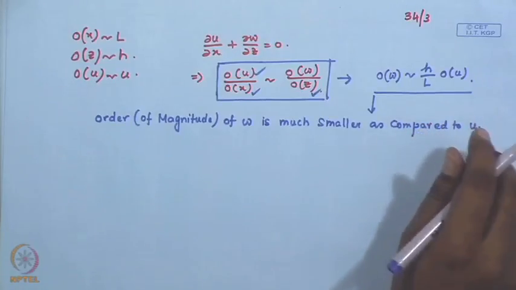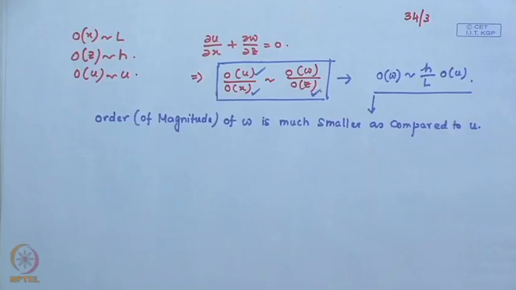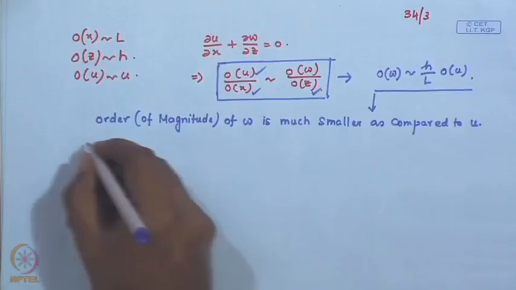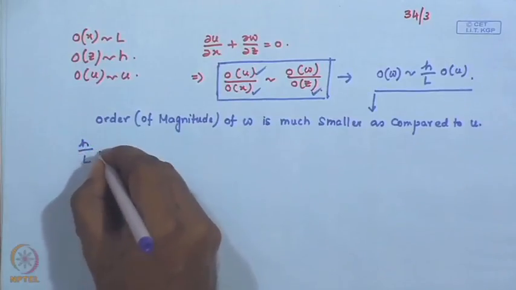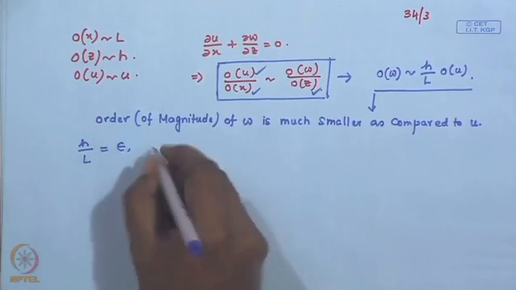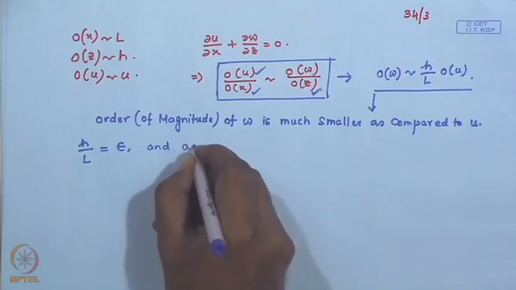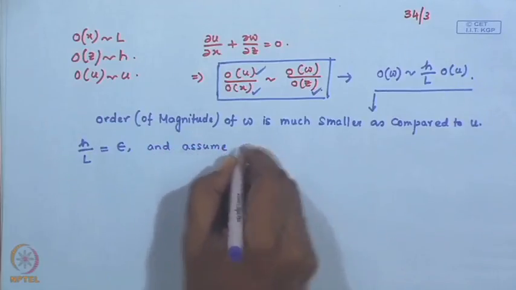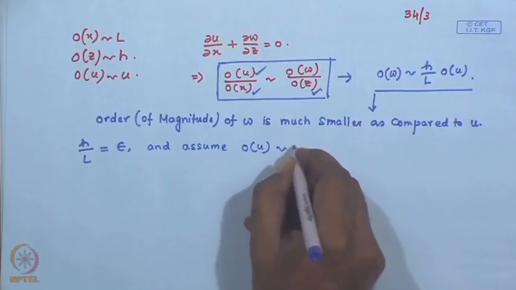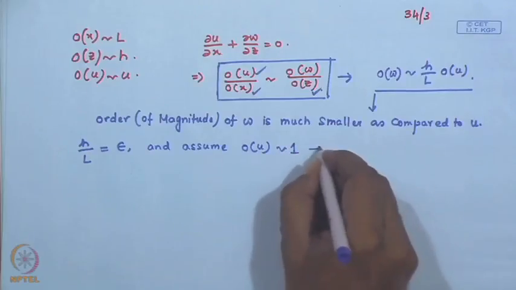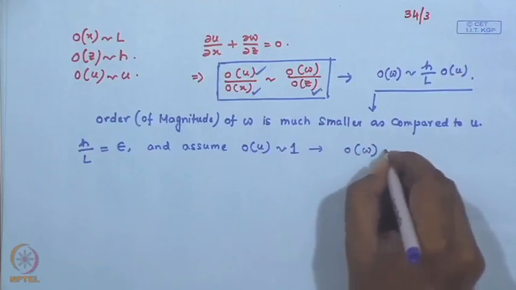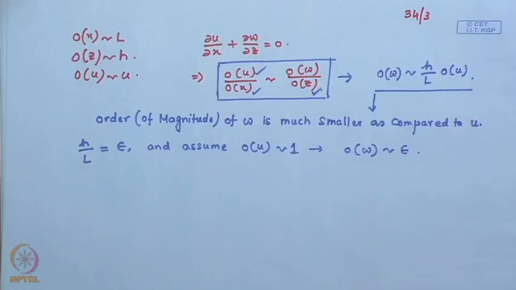Okay. So, if we assume h by L to be equal to epsilon and further assume order of u to be equal to 1, what we get, order of w is of the order of epsilon. Okay.